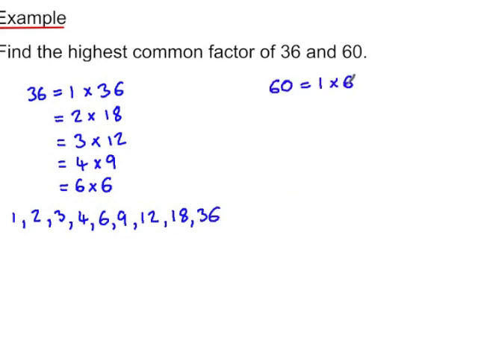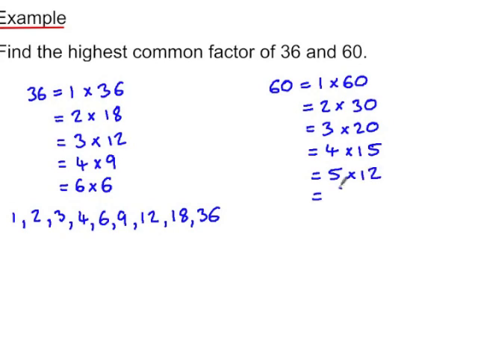60 is 1 times 60, 2 times 30, 3 times 20, 4 times 15, 5 times 12, 6 times 10. It's not a multiple of 7, 8, or 9, so we've finished with 60.